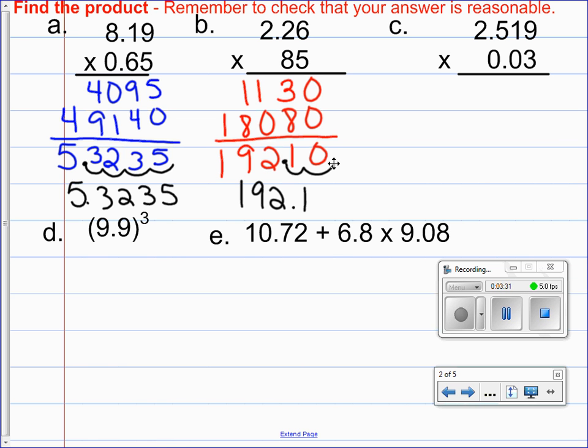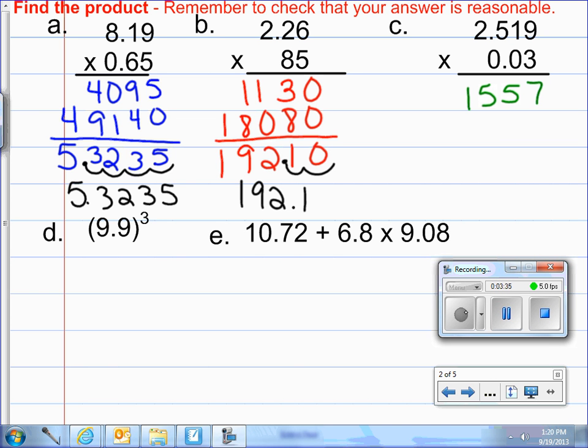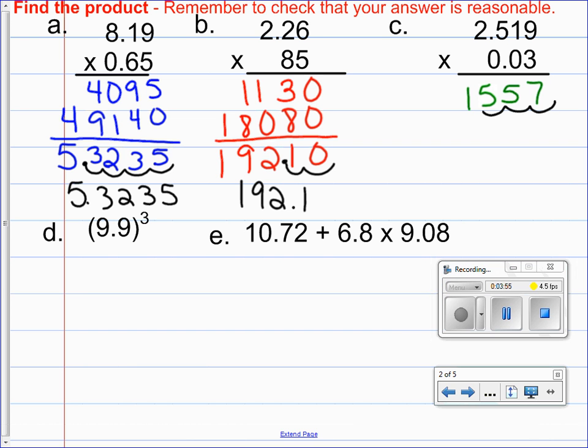Once you have checked B, go ahead and move to C. Notice in C, I just multiplied the first factor by 3 because the rest of the answer will be zeros. So I'm going to move the decimal place over 5 times. 1, 2, 3, 4. Here's 5.